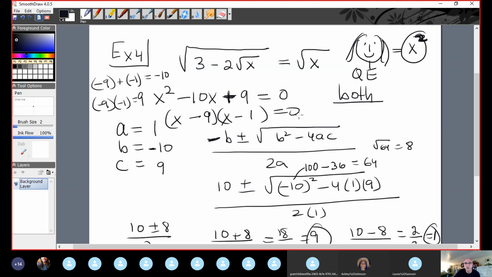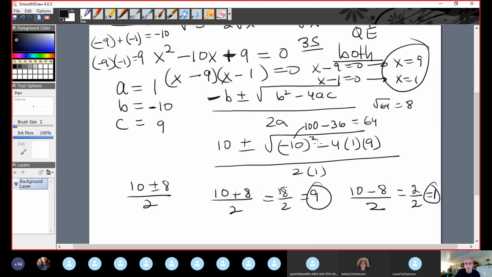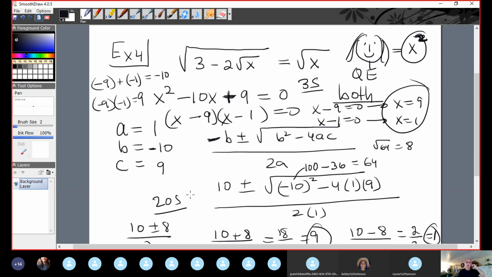Then you separate in two pieces. Solution is 9 and 1. So if you see the factorization, you solve it in 3 seconds. And the quadratic formula, you solve it very well, but in maybe 20 seconds. So it's up to you. What way do you prefer?